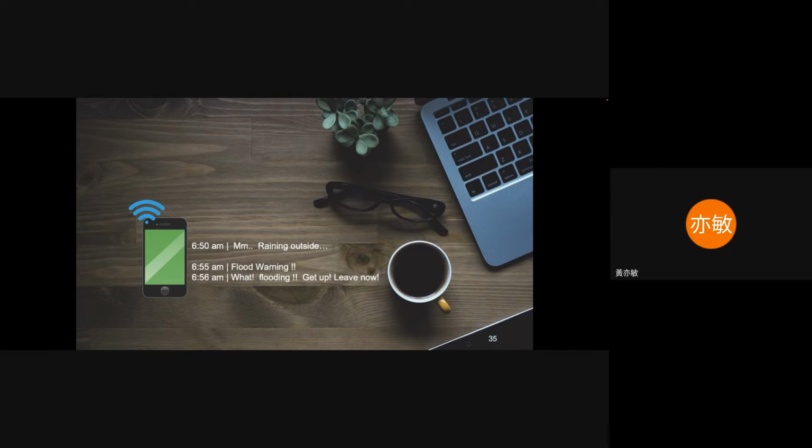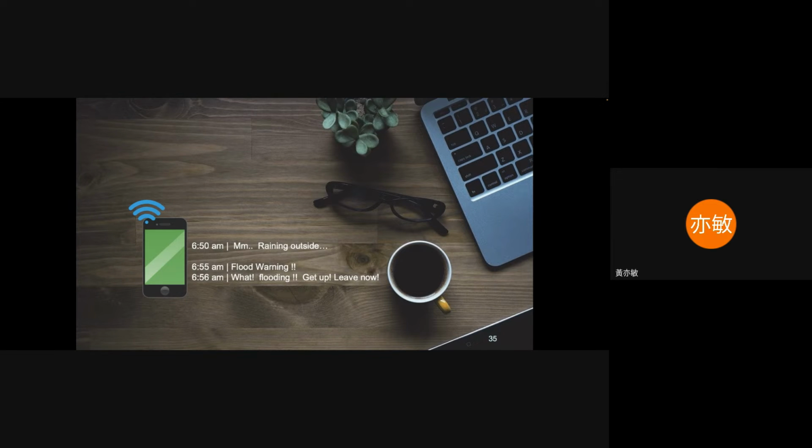And at 6:55, you see the message and think, wow, there's a flood warning. You wake up all your family and prepare yourself and try to find a safe place.